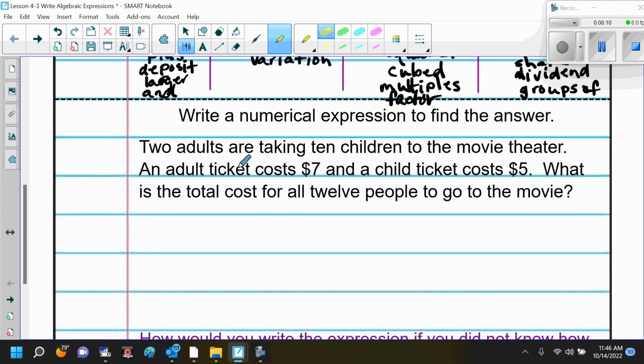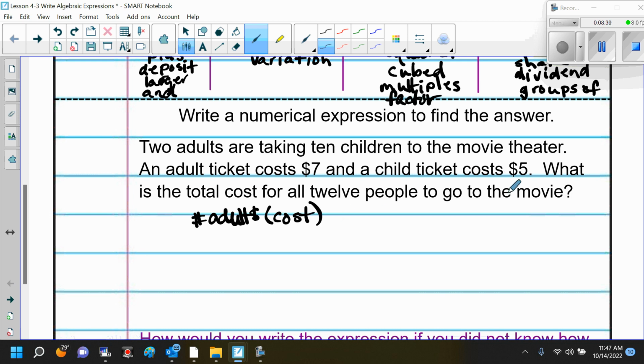So if we want to find out how much we're going to pay for the adults, we need to take the number of adults times the cost, right?